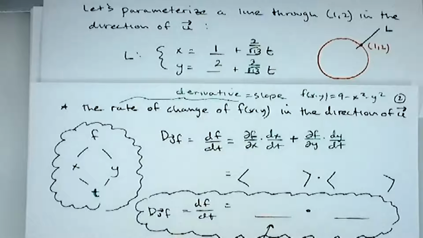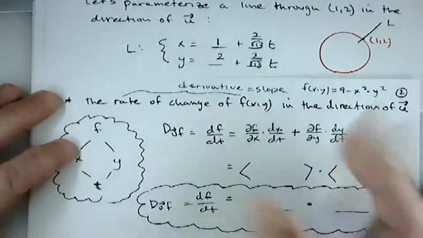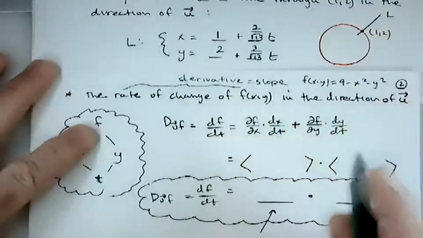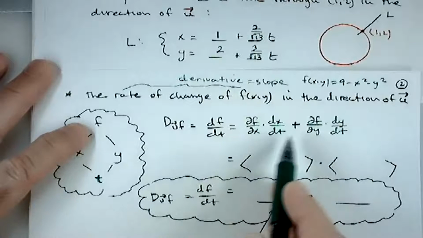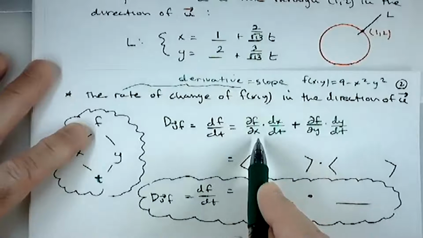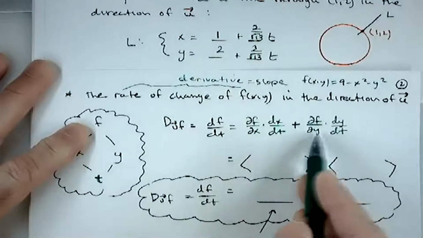So this is why we needed to study the chain rule before we got to this section. And this is actually it, this will give it to you, but to make this a nice, tidy formula, what we can do is creatively think of this.